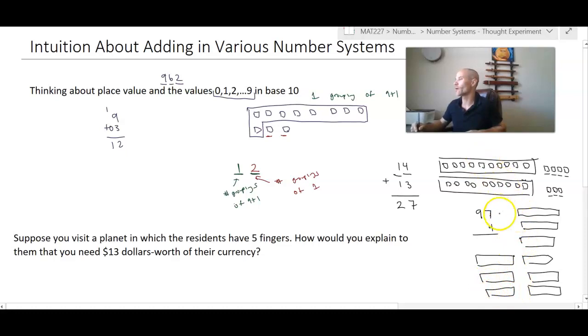I'm not going to put the little squares in there. And then the number has 7 individual units, or 7 singlets, and we're adding 4 more singlets to it: 1, 2, 3, 4. Well, that gives me a new grouping of 9 plus 1.